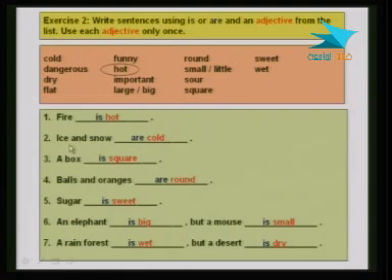Ice and snow, that's plural. A box is singular. Balls and oranges, plural. Sugar is singular. An elephant is singular. A rainforest is also singular. And you can see, of course, the agreement right here.